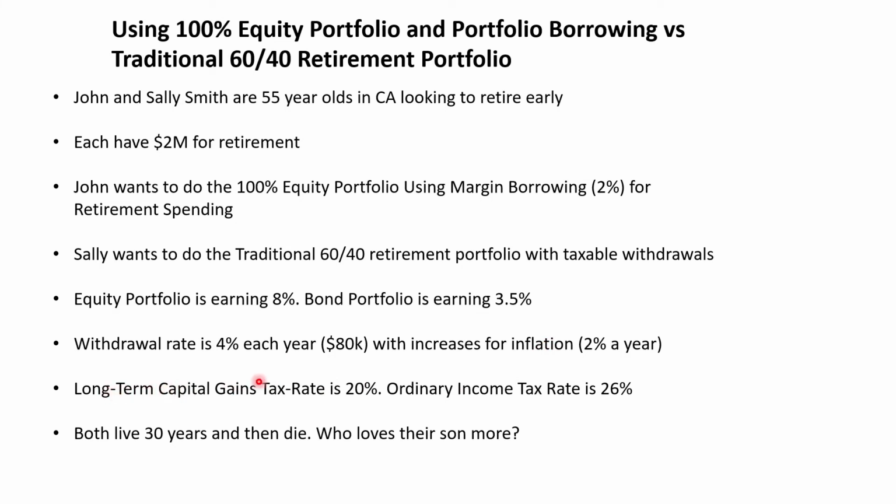The assumptions are that the long-term capital gains tax rate is 20% and the ordinary income tax rate is 26%. We're going to assume that both live 30 years and then die. So the question we're going to be asking is, who loves their son more? Because their son will inherit what's left over. We're going to see that in the next slide.